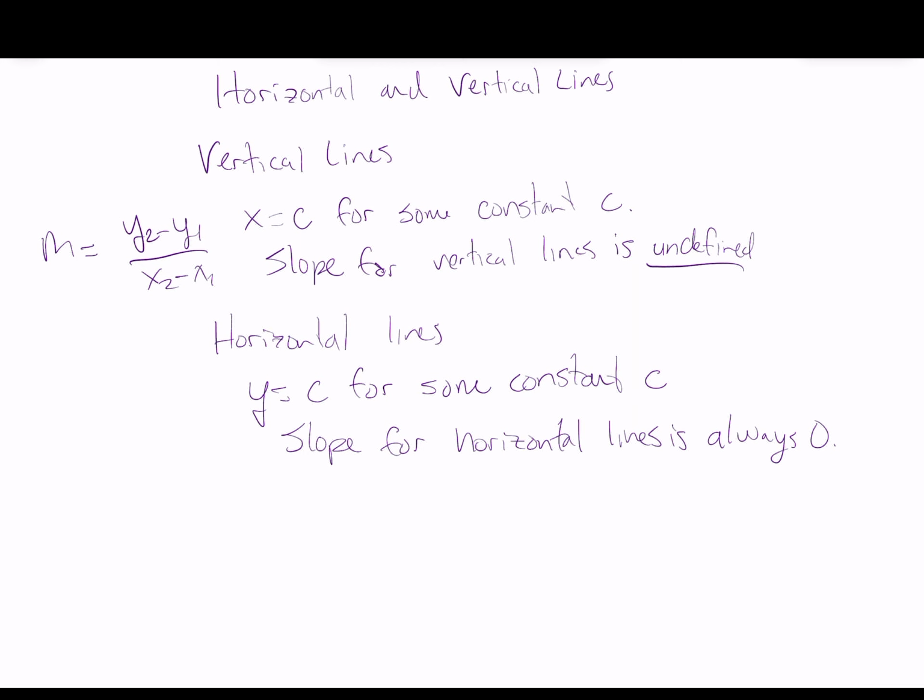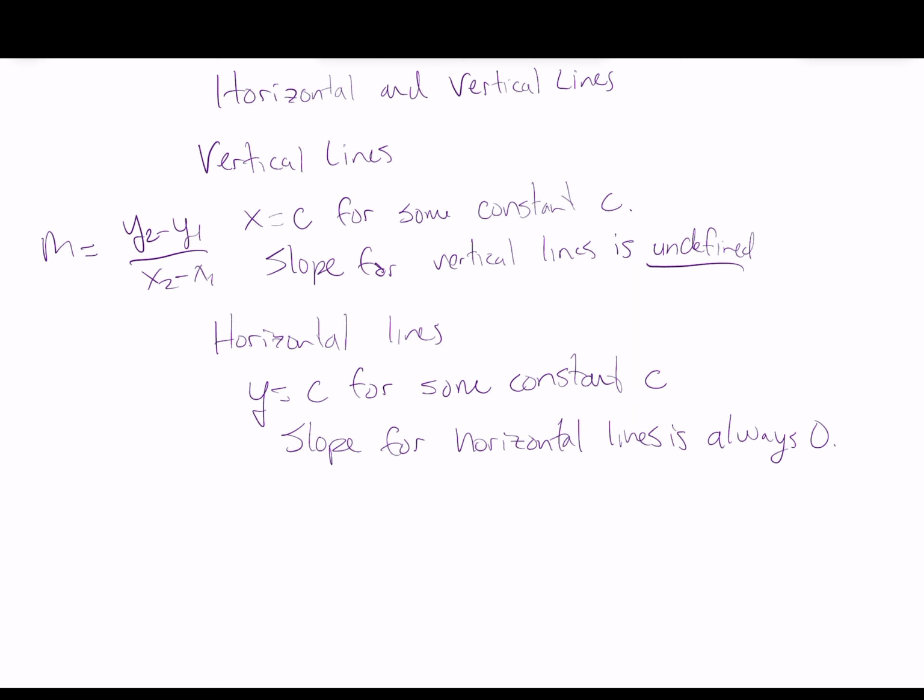On horizontal lines, a similar thing happens, except the constant is in the numerator, where y is equal to some constant. In that case, the slope for horizontal lines is always 0. And the way that you can tell if you're given 2 points on a vertical line or a horizontal line is that one of the variables, x or y, will be constant.